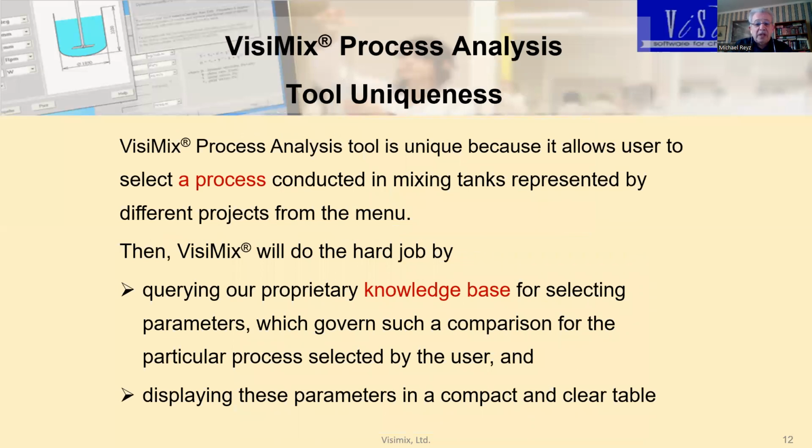So again, as I said, this software allows the user to select a process conducted in mixing tanks represented by different projects. Then Physimix will do the hard job by querying our proprietary knowledge base for selecting parameters which govern such a comparison for the particular process selected by the user, and displaying these parameters in a compact and clear table.